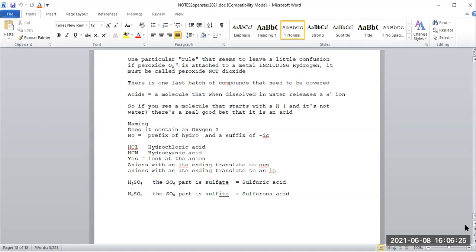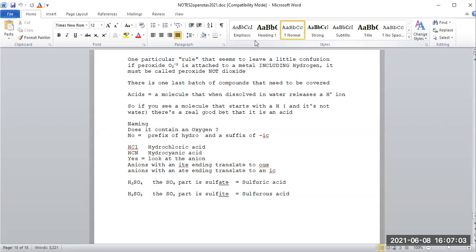If we look at two versions that have hydrogens, sulfurs and oxygens, SO4 is the ion that goes by the name sulfate, and SO3 is the one that goes by the name sulfite. Because the endings of your ions are different, when you change them into the naming for the acids, we go back to something that sounds like the old naming system, the ic and the ous problem again.